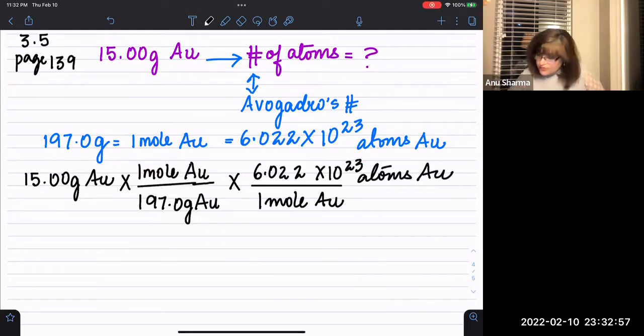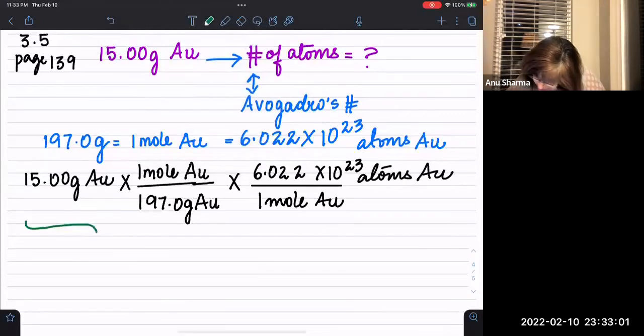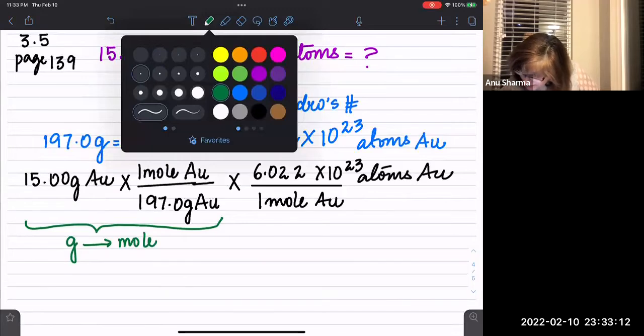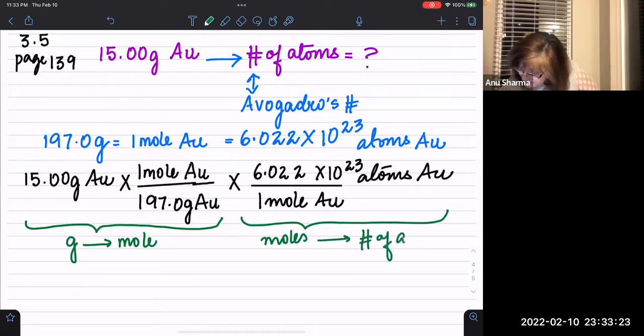So the first step is to convert grams to moles using the molar mass. Next, when you get the moles, convert the moles to number of atoms.